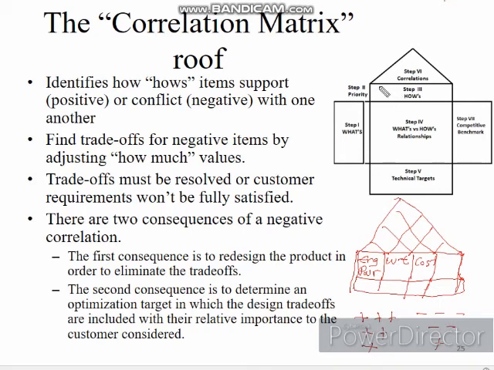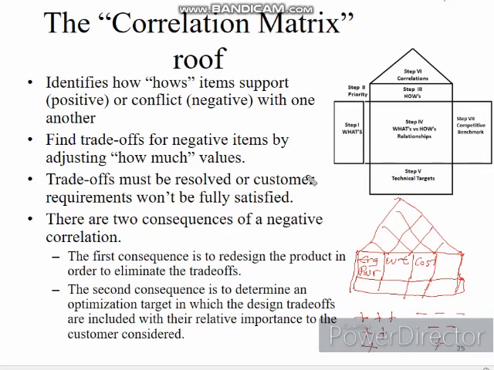You want to see whether there are positive correlations or negative correlations among the design parameters. If it's positive correlations, then it's not that concerning. But if there are negative correlations, then something needs to be done. You need to find a trade-off for negative items by adjusting the values, so that you can get to a sweet spot of the design specification, right? And the trade-off must be resolved, or the customer requirement won't be fully satisfied. So you have to make sure that is done.